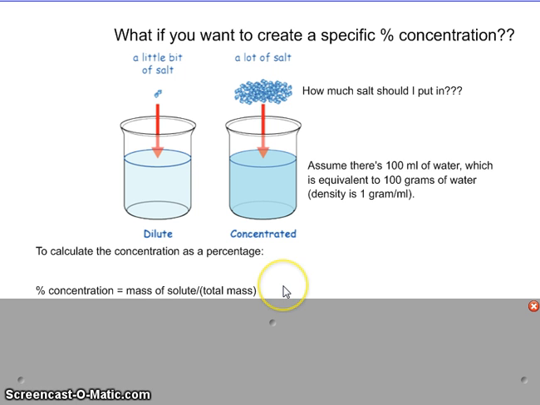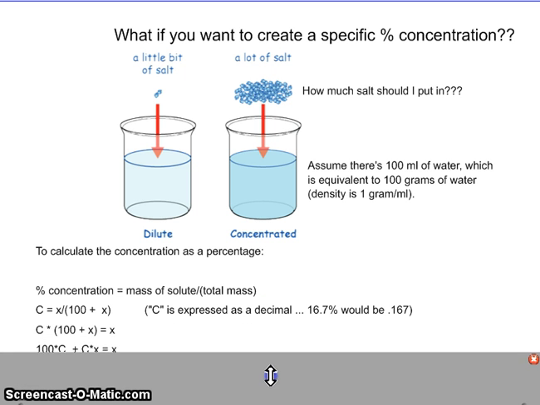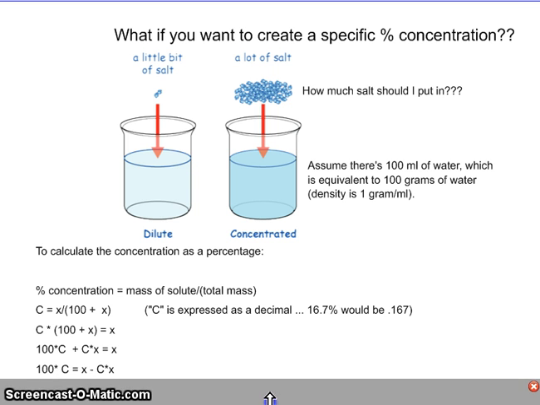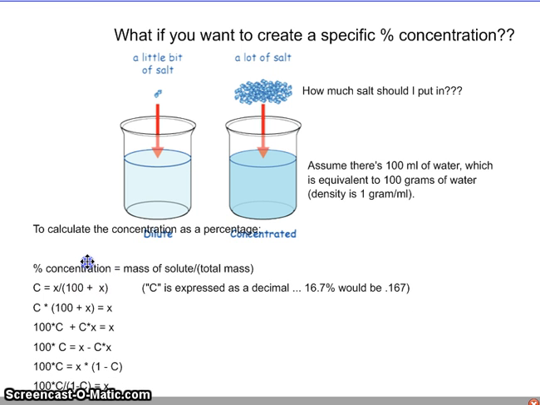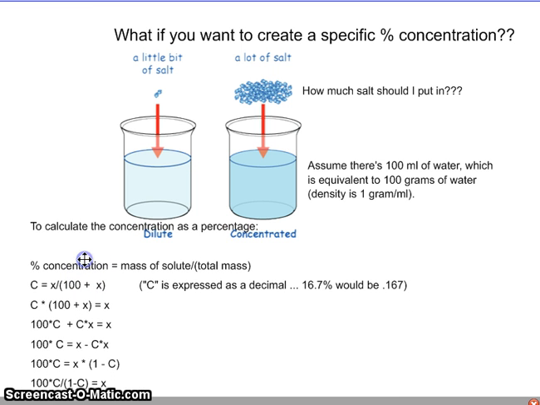We've got our definition. The percent concentration is the mass of the solute, which is what we're trying to find, divided by the total mass. Now, I've gone ahead and done a little bit of algebra here, and we get to the end, and I have a formula for the amount of the solute that we're looking for.